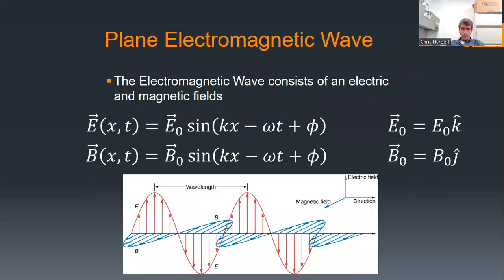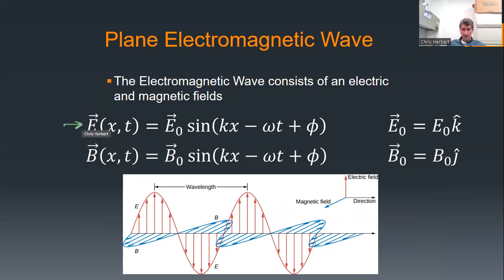And again, here is how we could express, I got the directions a little bit wrong here, but here's how you could express the electric field and the magnetic field for a wave propagating. Remember, there's electric and magnetic fields to this. Here's my expression for the electric field.